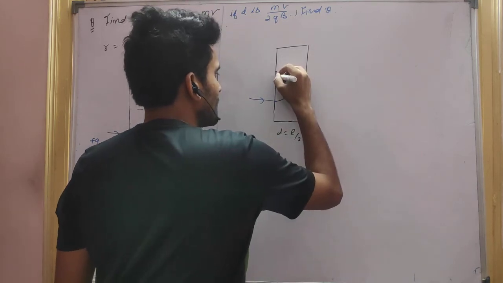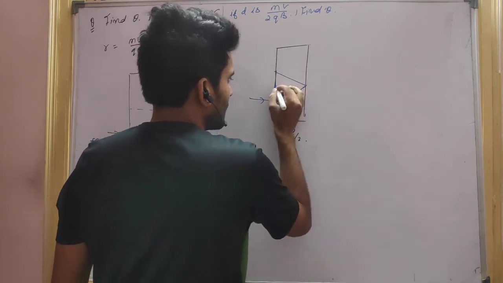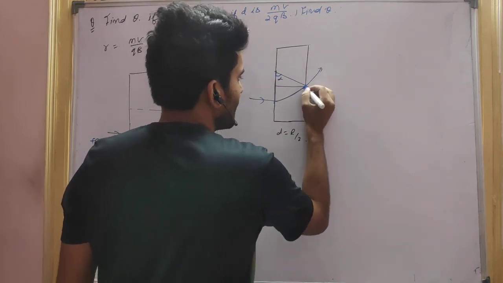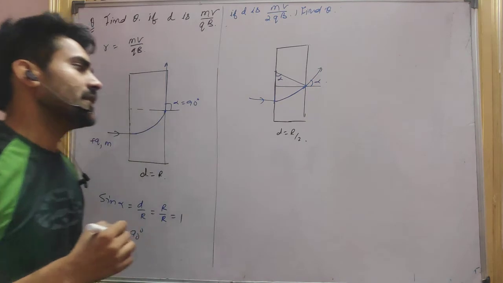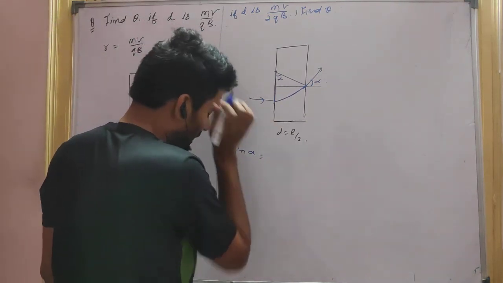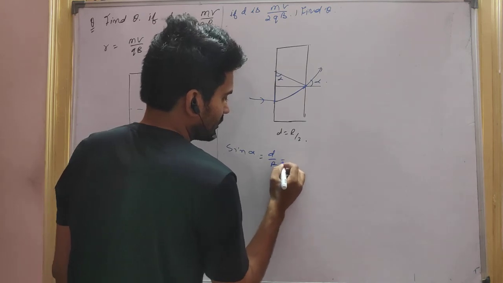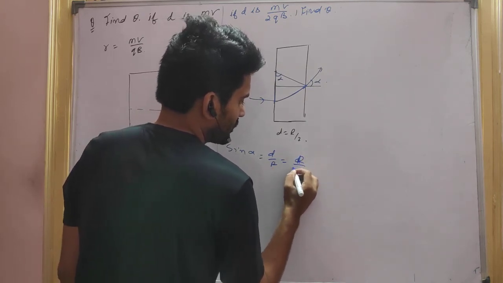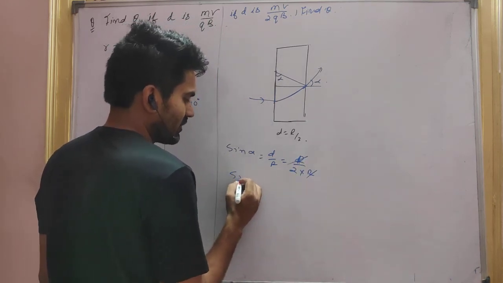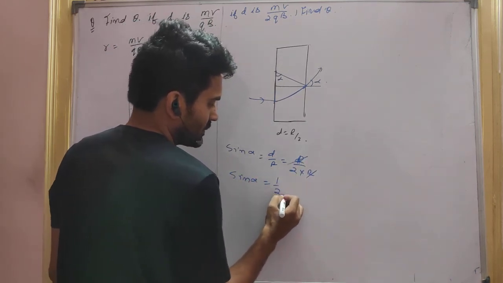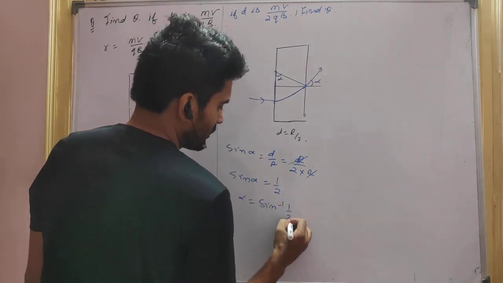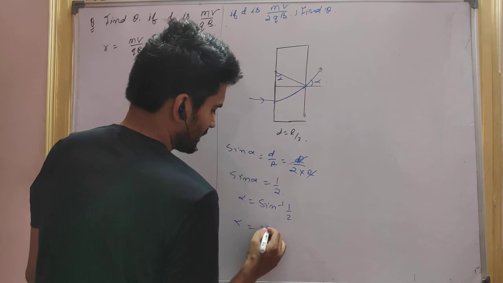Let's say this is the r, this is d, so this will be the alpha, and this angle will also be alpha. So alpha will be how much, guys? Sin alpha is equal to d by r. So d is r by 2 into r, r will be cancelled. So sin alpha is equal to 1 by 2. So alpha is equal to sin inverse 1 by 2, that is alpha is equal to 30 degrees.